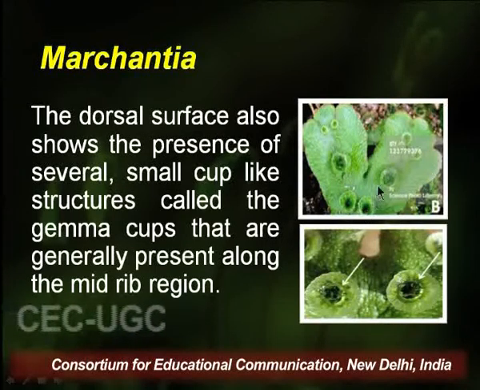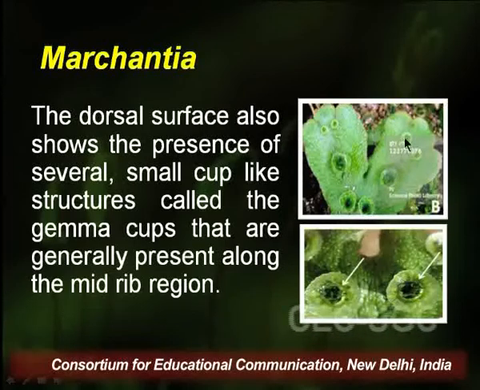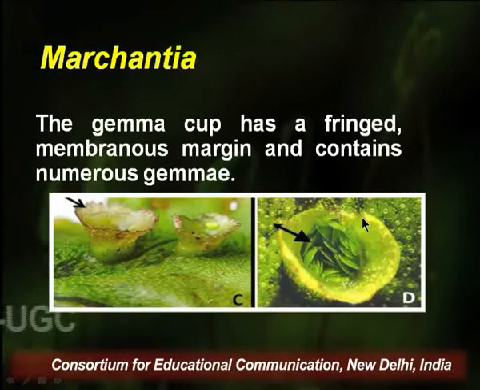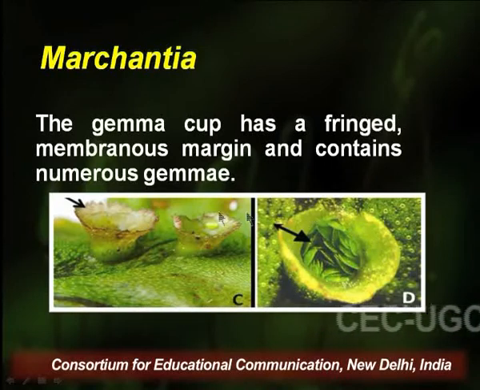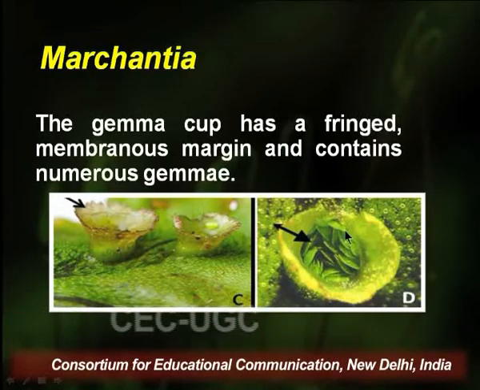Here also you can see they are arranged on the midrib region. The gemma cup has a fringed membranous margin, which can be observed in the diagrams in this picture also, and they contain numerous gemmae.